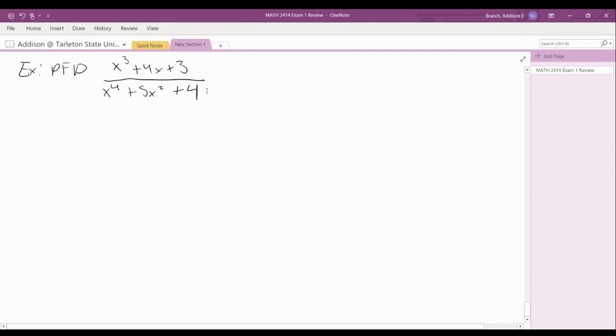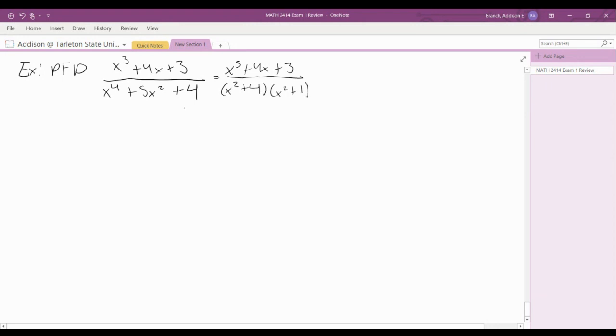Going off of that, we can actually play with this a little bit, and we can actually try to FOIL this out. And it does actually FOIL out to x squared plus 4 times x squared plus 1.